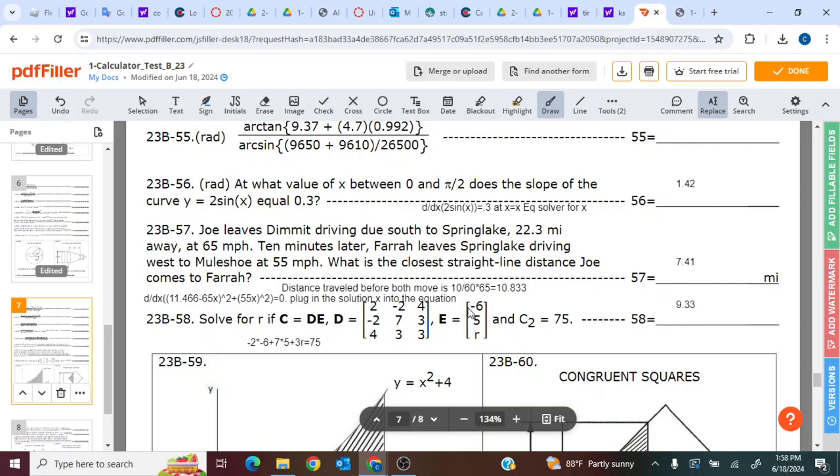In this case, the 2 would be multiplied by -6, the -2 would be multiplied by 5, and the 4 would be r, and that would get you C1. And C2, in this case, is the same thing, but with these values down here. So -2 times -6 plus 7 times 5 plus 3 times r has to be equal to 75. Solve for r, and you get 9.33.